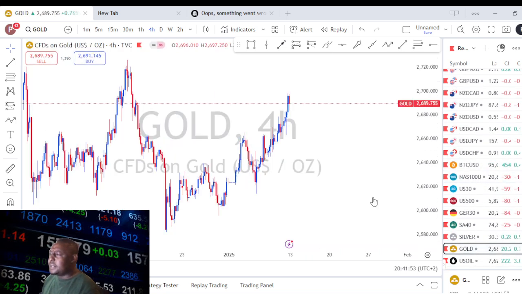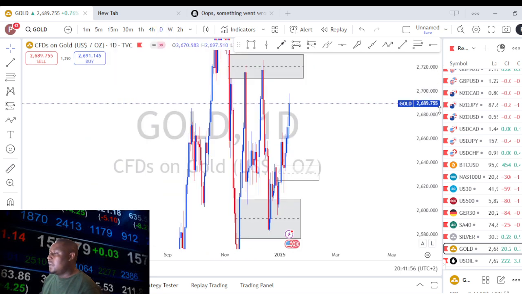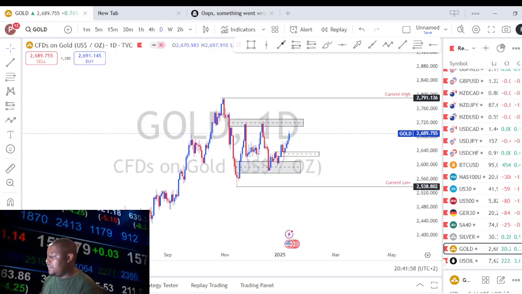Gold, our favorite gold. Gold for me, it gave me a bearish momentum. Fundamentally, gold is bearish. Oil, it's bullish, and gold, it's bearish.